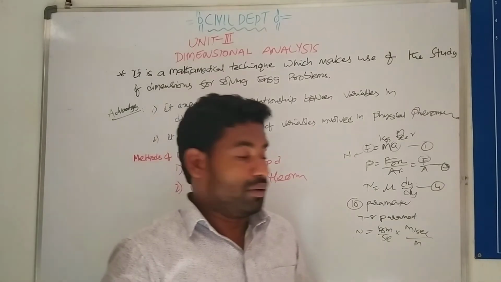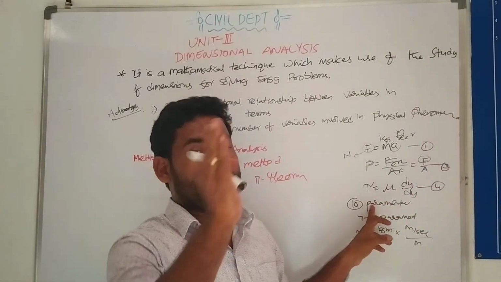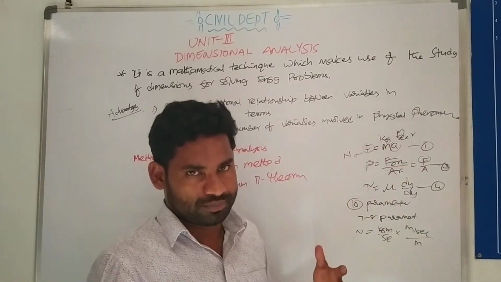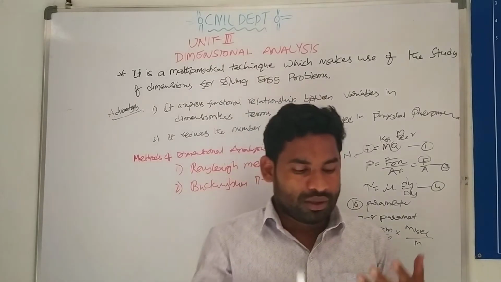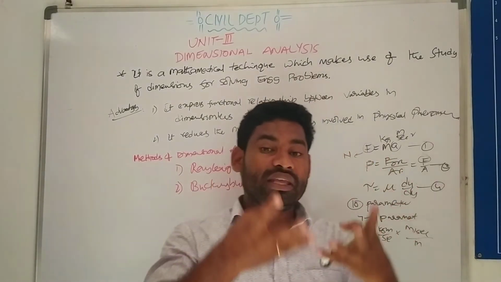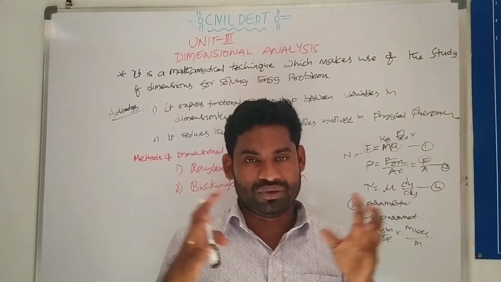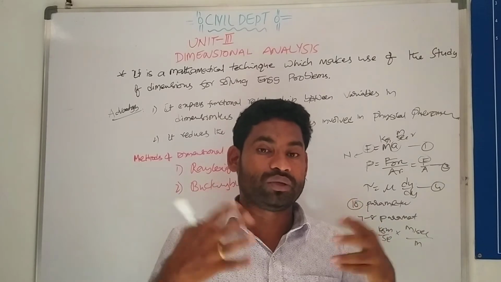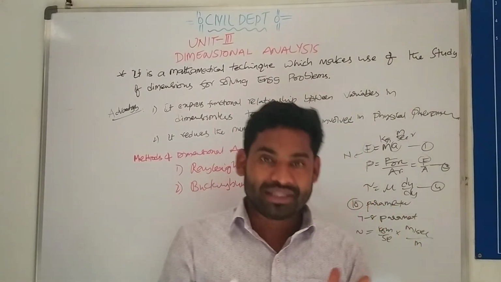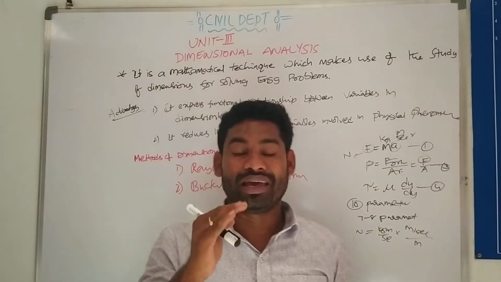For three equations we have 10 parameters, and so many dimensions and units will be there. So there may be a lot of confusion and no clarity. For that purpose, we are going to explain dimensional analysis.